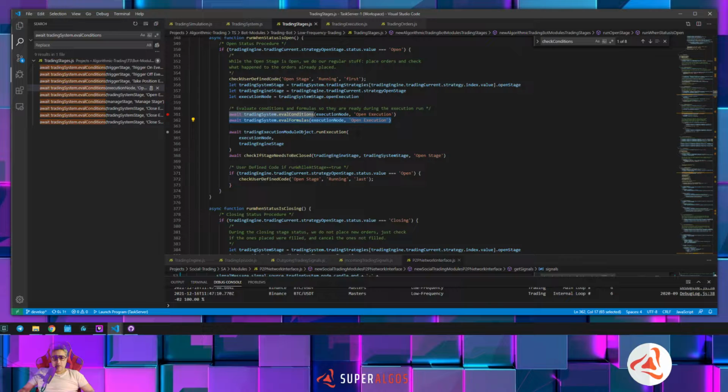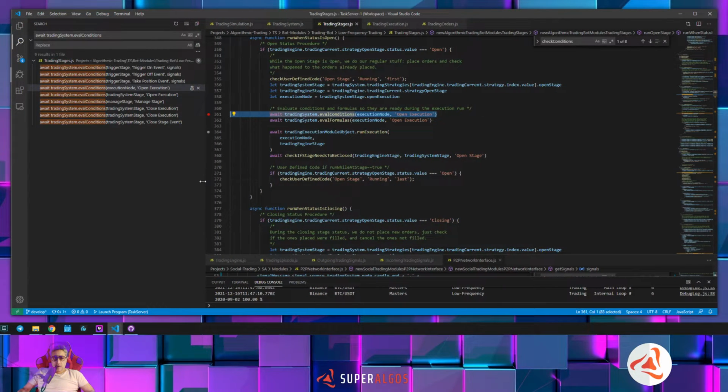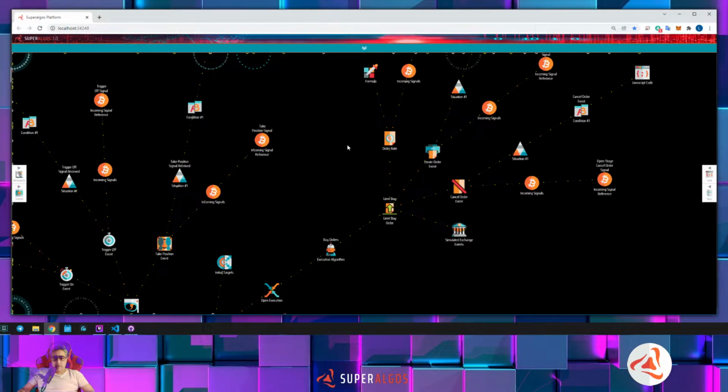Every formula is going to be evaluated, and every formula is going to get its own signals individually. So it looks like the conditions are not in the right place. And we will need to find where we have these events being processed. The name of the event is create order event.